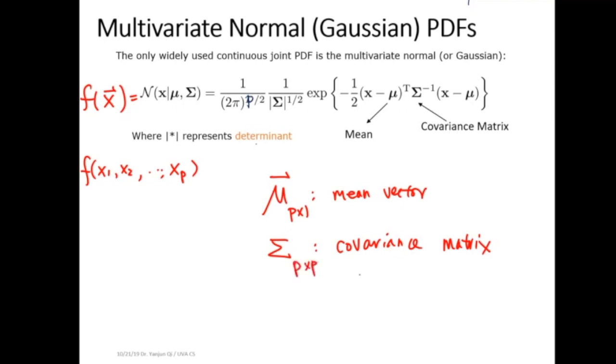As you may still remember, the diagonal is each feature's own variance. And the off-diagonal terms capture the covariance of the ith variable and the jth variable.